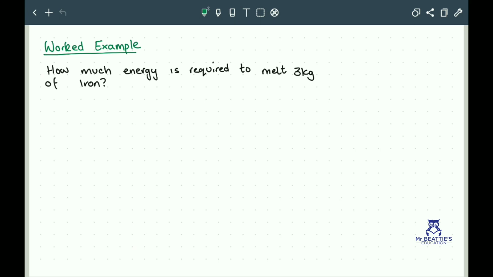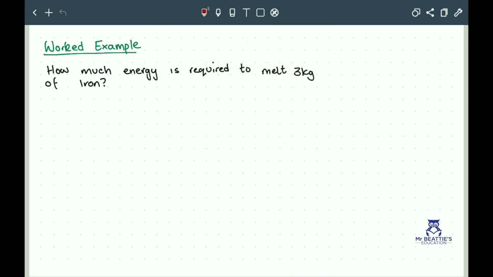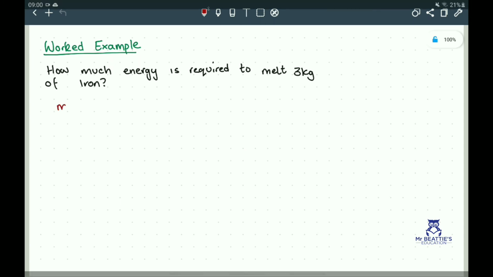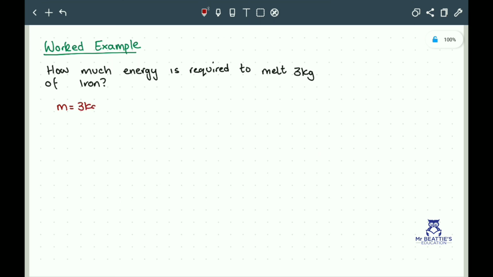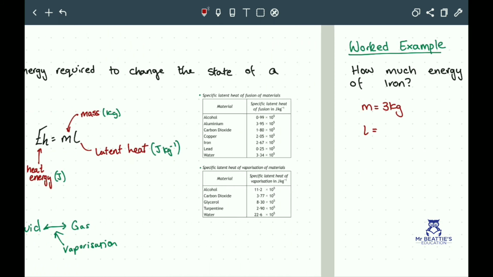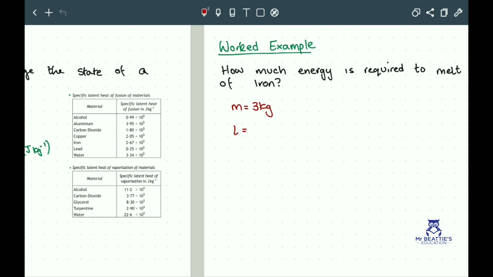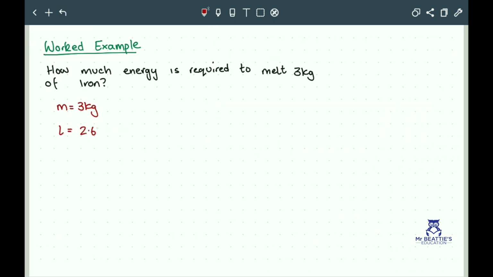So, worked example time, and I'm going to use red again. How much energy is required to melt 3 kilograms of iron? First things first, writing down, we know the mass is 3 kilograms, and we need to know what L would be for iron. I'm just going to jump back a page, and you can see that for iron, the third one up, it's 2.67 times 10 to the 5 joules per kilogram.